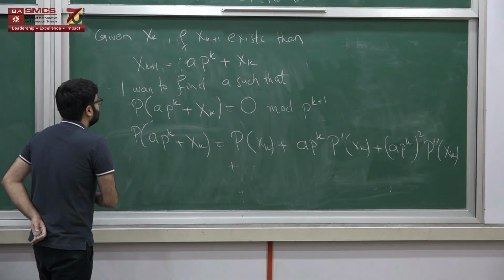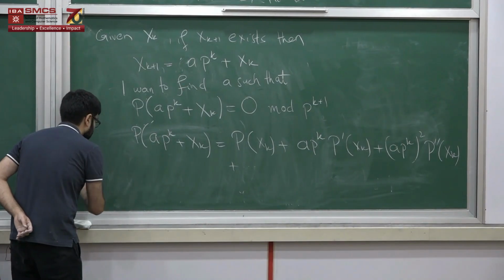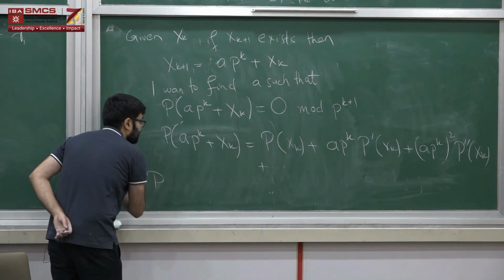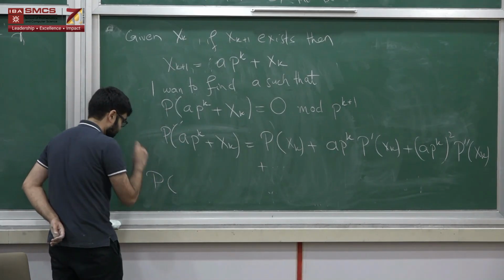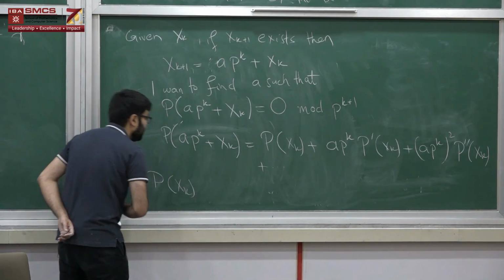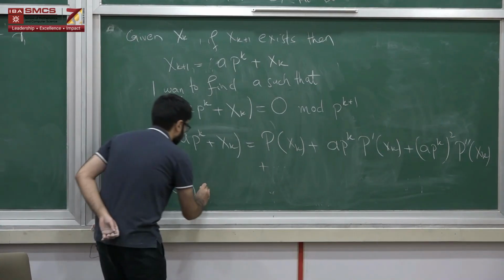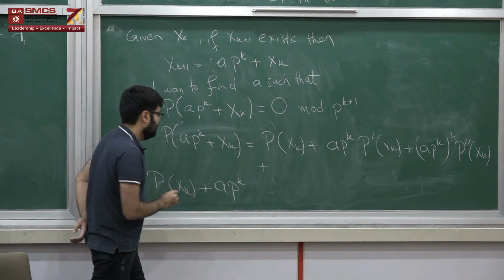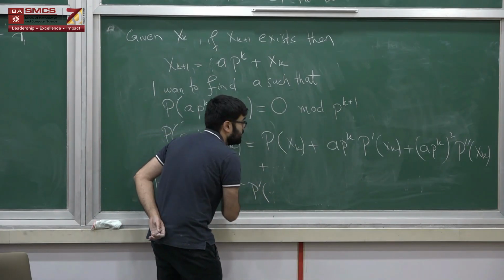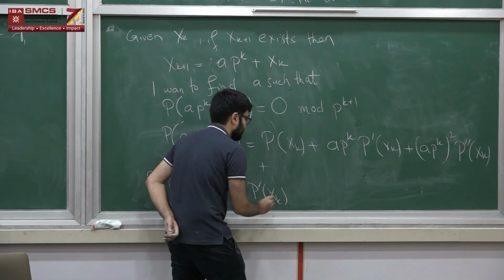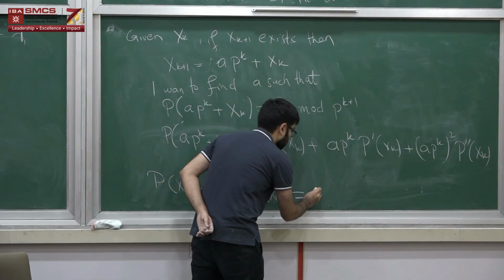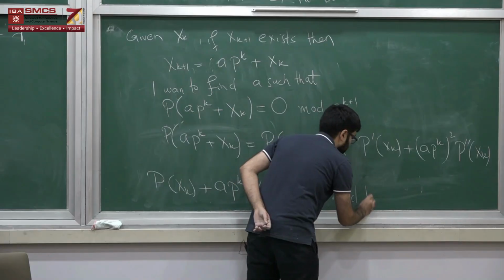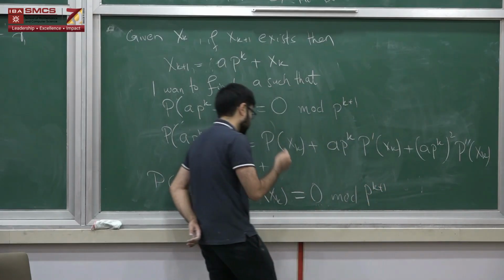So, the equation I want to solve now is P at xk plus a times p to the k, and then P prime of xk is equal to 0 mod this.